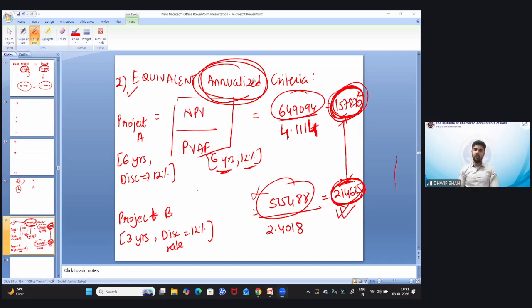Clear, everyone? So this was about two methods to be used when the life of two projects is unequal. If the life is unequal, straightforwardly you cannot decide which project to be selected. First, bring the life to an equal point and make them comparable, and then take the decision. So this was the concept of replacement chain method and equivalent annualized criteria.